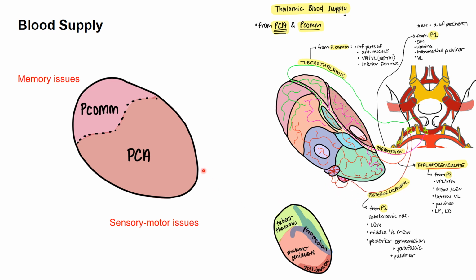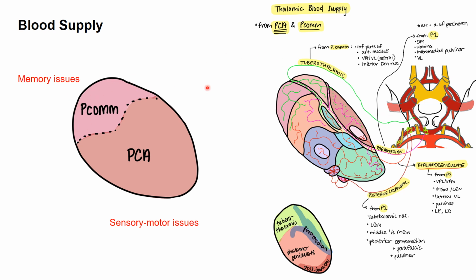The easier way is you have a bunch of branches from your PCA doing a lot of your thalamus. And then the anterior tip is taken by this tuberothalamic, which is actually coming off of your posterior communicating rather than your PCA. So that's the big difference here.